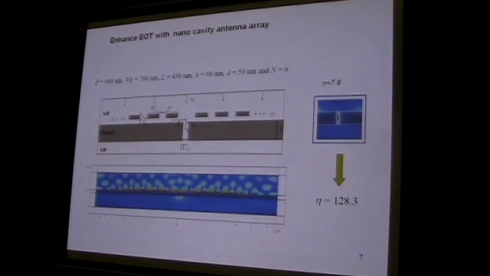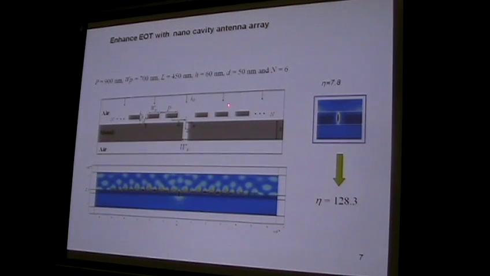So this is for using these structured arrays of gold nanorods to harvest the light. And in my next lecture, I will show some experimental results where we use the gold nanorods to harvest light or for absorption, for bioimaging purposes, for example.